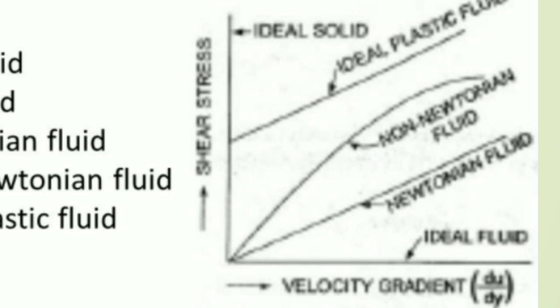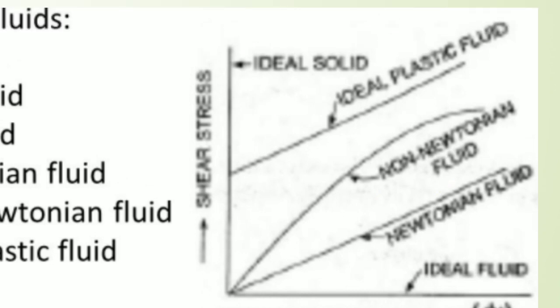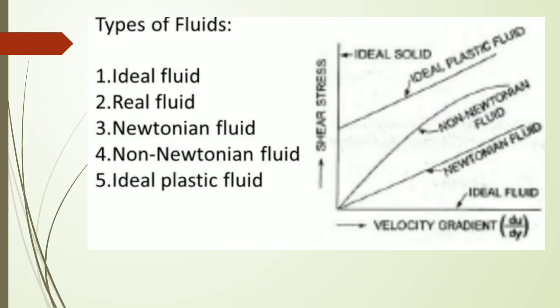Then ideal plastic fluid or pseudo plastic fluid will be a straight line, because emulsion means more stress I have to apply. Then one is called ideal fluid here. So this is the difference between ideal fluid, real fluid, Newtonian fluid, and non-Newtonian fluid or pseudo-plastic fluid here.